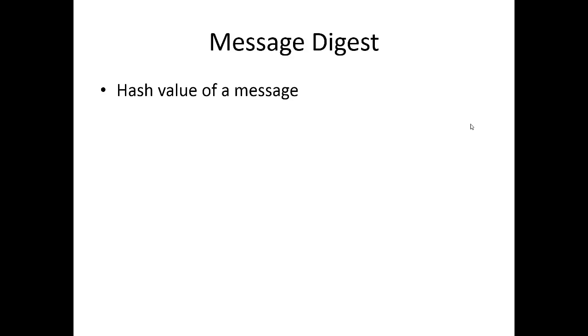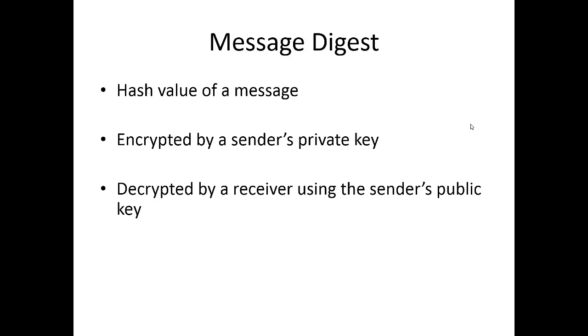In a typical digital signature scheme, a sender typically encrypts this message digest using his or her private key, and then once the receiver gets that message along with the message digest encrypted by the private key of the sender, the receiver decrypts the message digest.